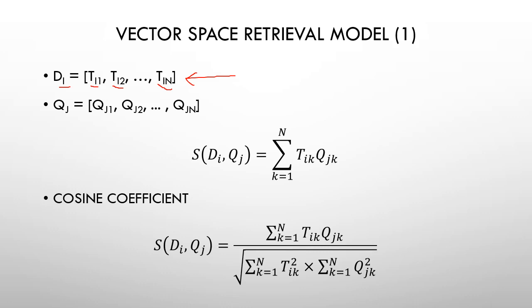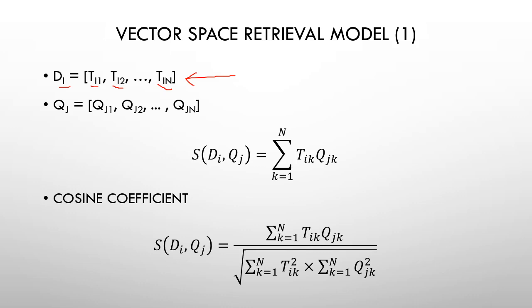And since our documents may not be of the same length and may not consist of the same terms, any document which doesn't have a particular term will have a weight of 0.